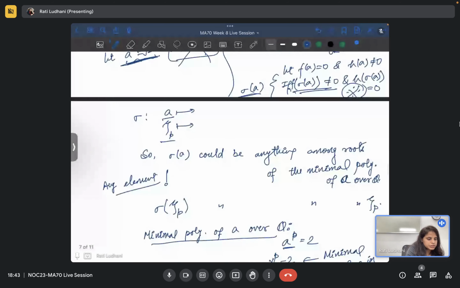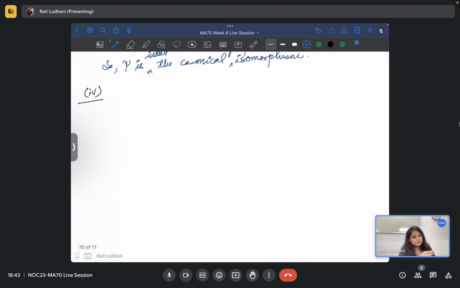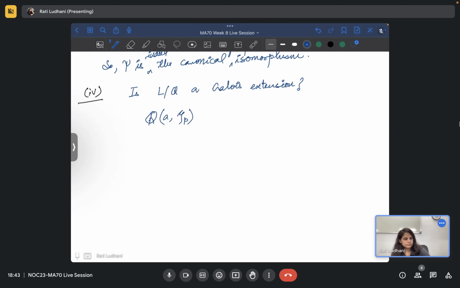So for a Galois extension, what is the requirement? Can you tell me, is L over Q a Galois extension? So L is Q adjoined zeta P. What is the basic definition for a Galois extension? Do you remember?